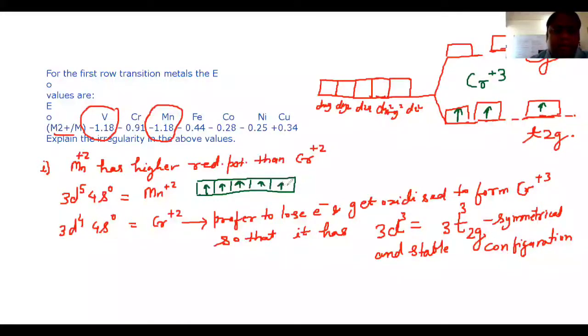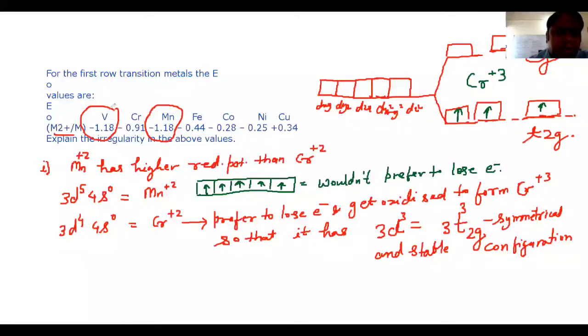It is itself symmetrical. So it would not prefer to lose electron. So this was the explanation of this irregularity.